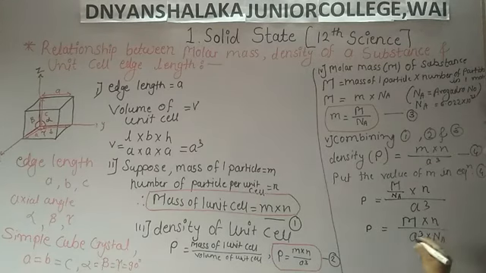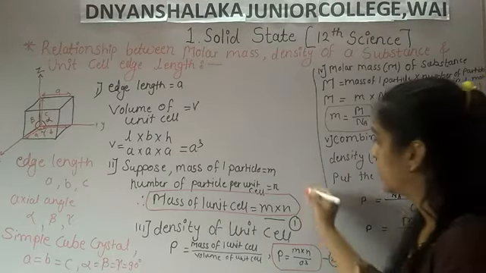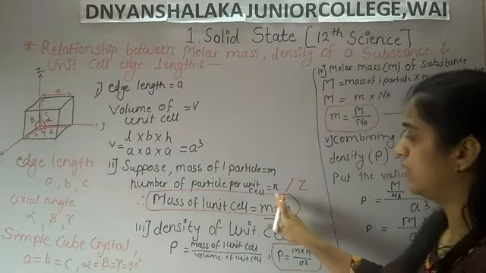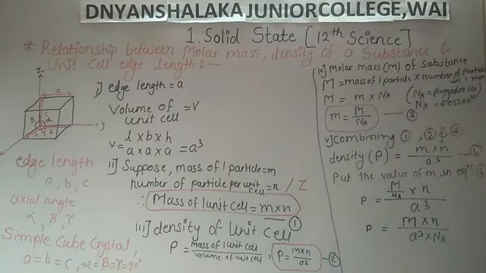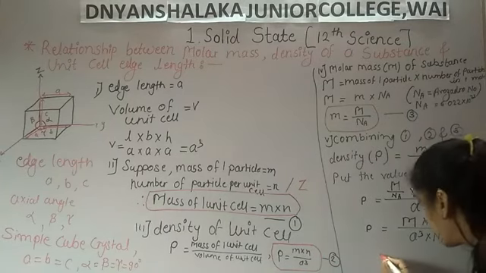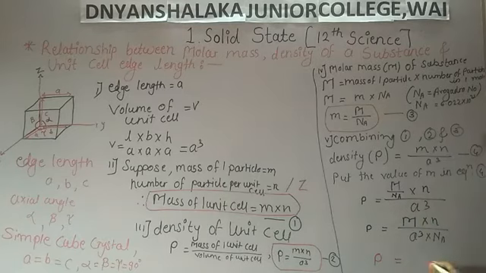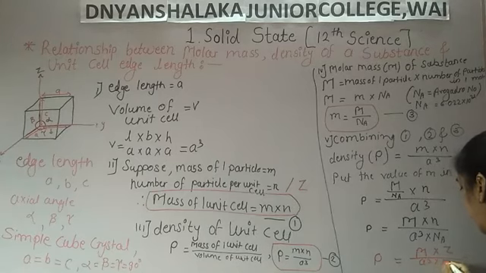So this n means number of particles per unit cell, which is also denoted by capital Z. This n is also replaced by capital Z. So this rho, the density of substance, is equal to formula M into Z upon a cube into Avogadro number.